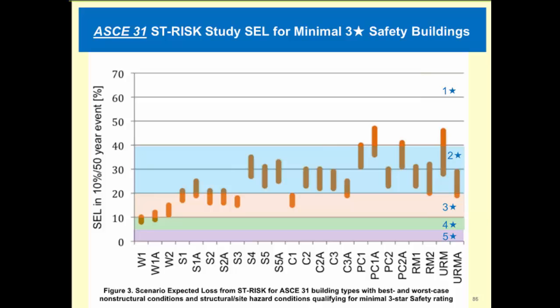The orange bar is just to let you know that you're looking at a different plot. But again, we're looking at a max of 1 or 2 star. Some of the steel buildings and the wood frame buildings are doing a little bit better now. So now you might be able to show that you can get a 3-star rating for the repair cost with a minimum 3-star safety rating.